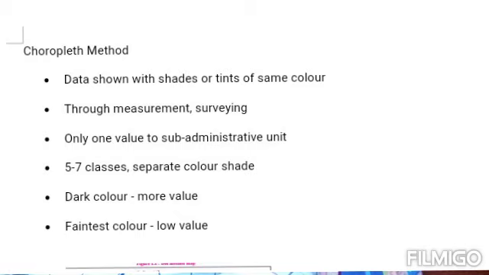Now suppose there are 7 classes. We will take only one color, that is pink, right? So the highest value will be the dark color and the lowest value will be the faintest color. Accordingly we will change the tints of color. As I told you, dark color means more value and fainter color means less value.